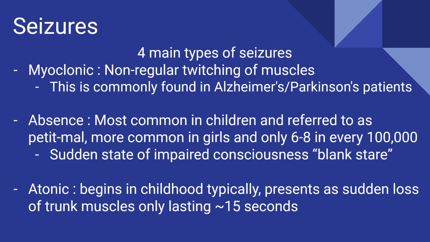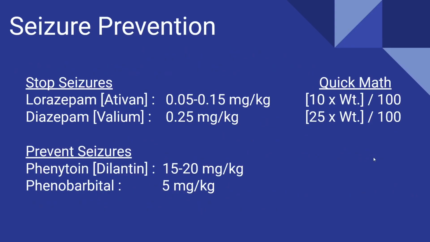So children could just fall down, and maybe they'll have one of those ictal cries, and then be able to regain their muscles and continue to move. So there's lots of different types of seizures. Know the primary ones, and we'll go into how to prevent and also intervene in a seizure.